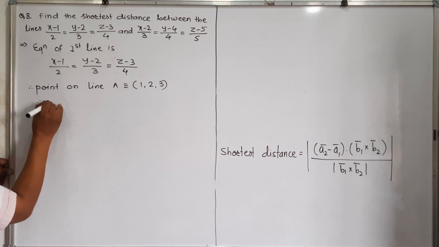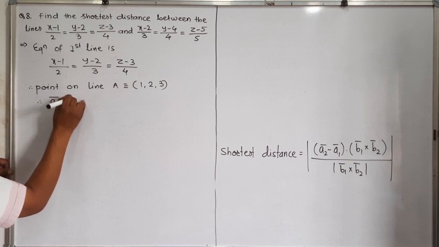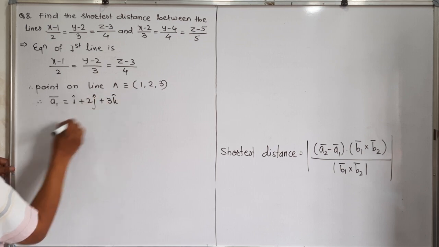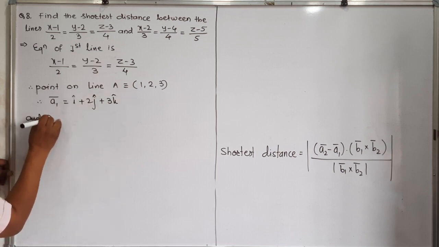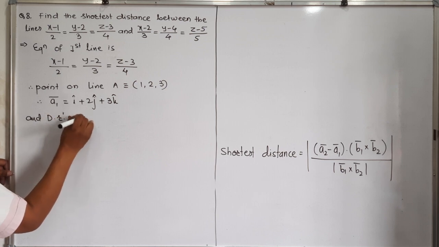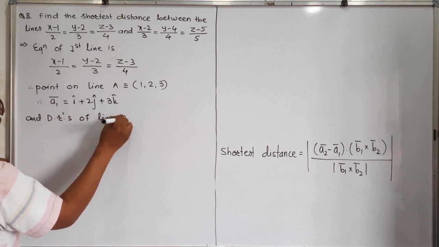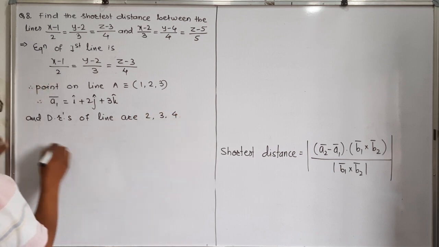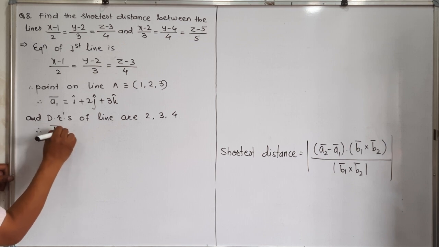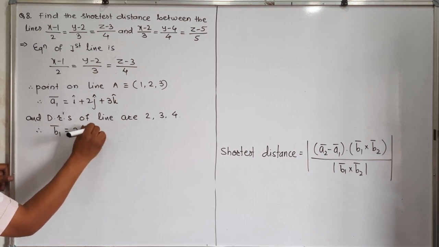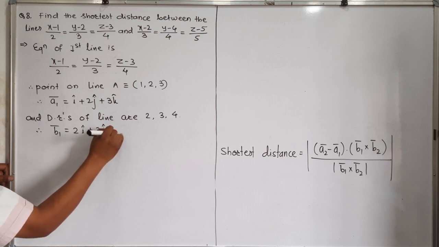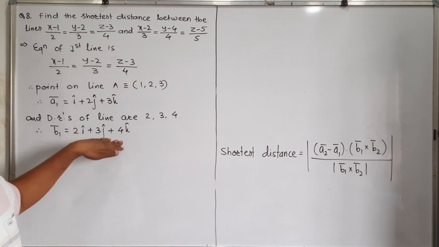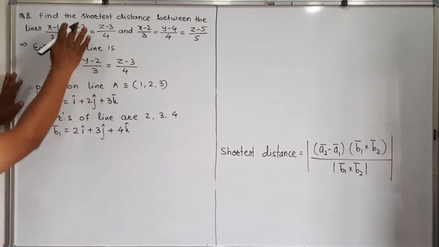So a1 vector is equal to i cap plus 2j cap plus 3k cap. And direction ratios of line are 2, 3, 4. Therefore, b1 vector is equal to 2i cap plus 3j cap plus 4k cap. In this way we have found a1 vector and b1 vector. Similarly, we can find a2 vector and b2 vector.